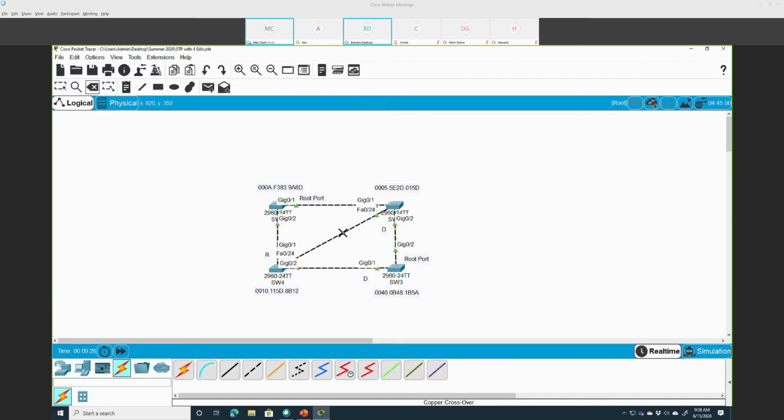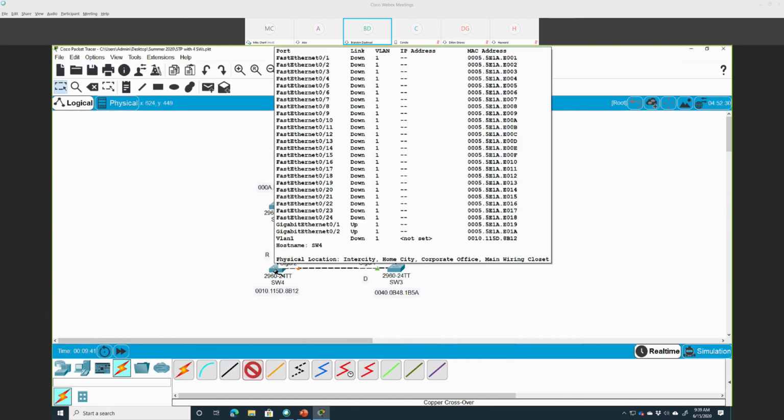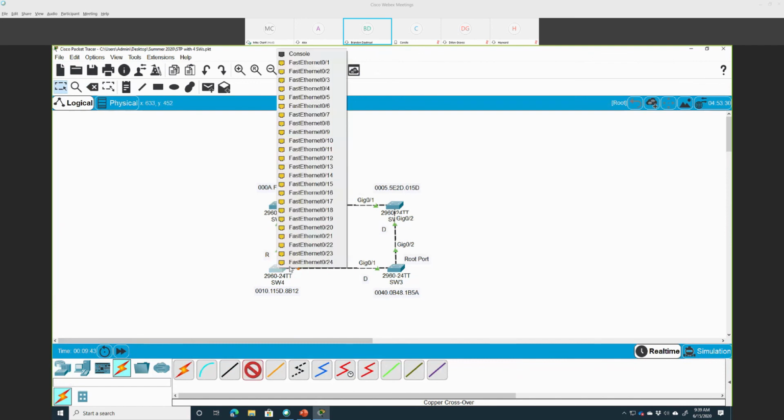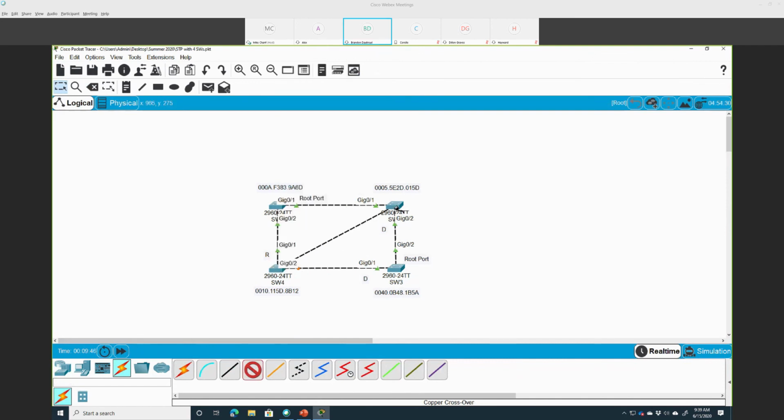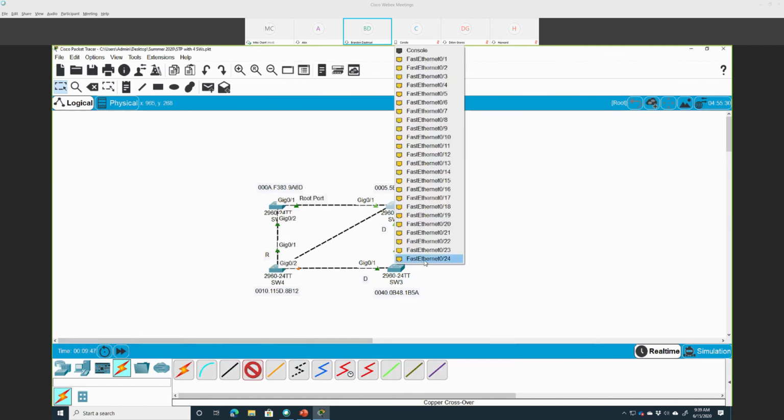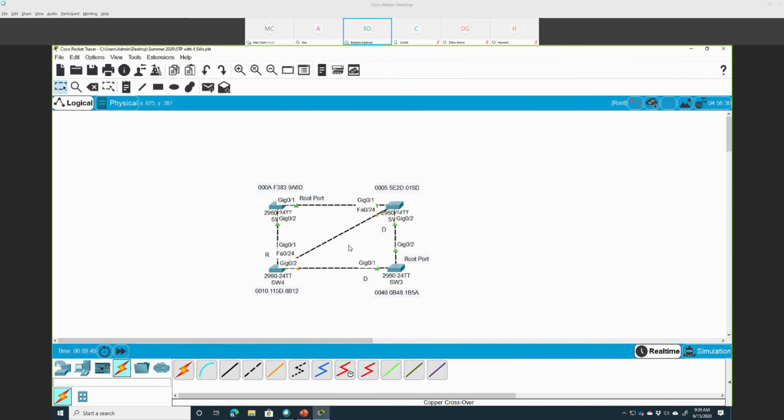You get the idea? So it only slows down. So my question is, since you added that fast Ethernet connection, the administrative cost is more. Why wouldn't that one be blocked off instead of the other one, the gigabit?